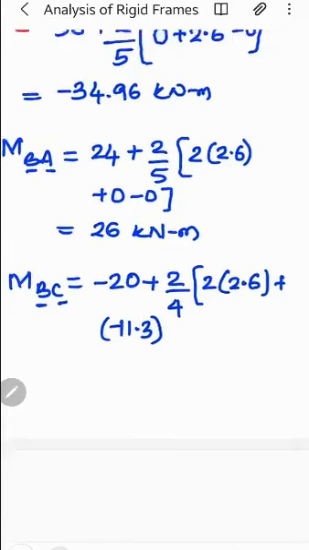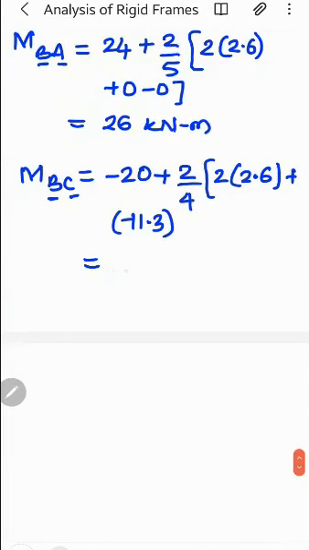If you calculate this, this will be plus 20 minus 26 kilonewton meter. So you may get some decimal point, but MBA should be equal to MBC. MBA and MBC should be same.